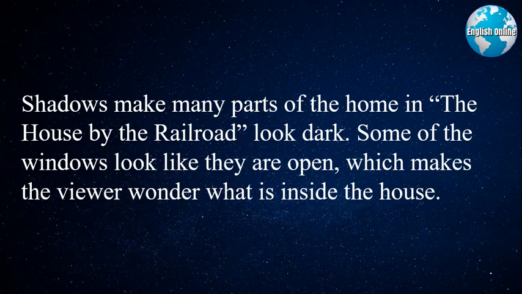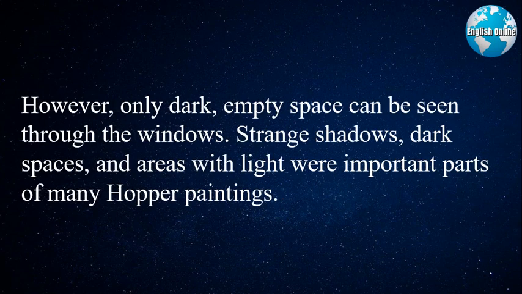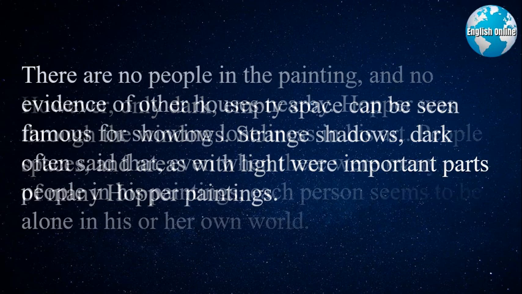Some of the windows look like they are open, which makes the viewer wonder what is inside the house. However, only dark, empty space can be seen through the windows. Strange shadows, dark spaces, and areas with light were important parts of many Hopper paintings.